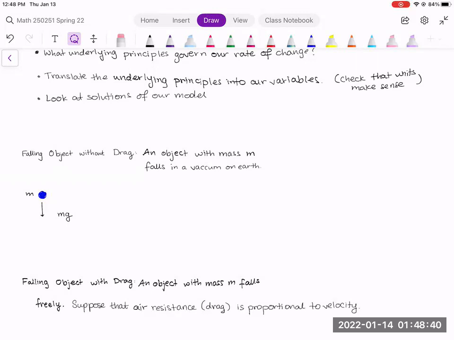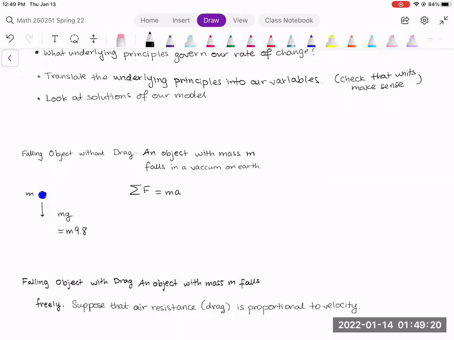As we're setting this up, we're going to be using Newton's second law, which says that the sum of the forces, the net force, is equal to the mass of the object times its acceleration. In this case, we only have one force acting, which is the gravity force. The force of gravity is given by mass times the gravity constant. So this is going to be mass times 9.8.